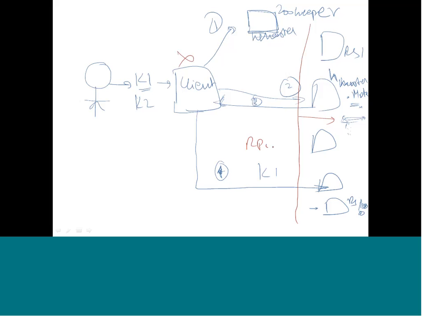Now, all of these 1, 2, and 3 are basically RPC calls by this guy. And RPC calls are always expensive. Just keep in mind that an RPC call is expensive. Why am I telling you this?